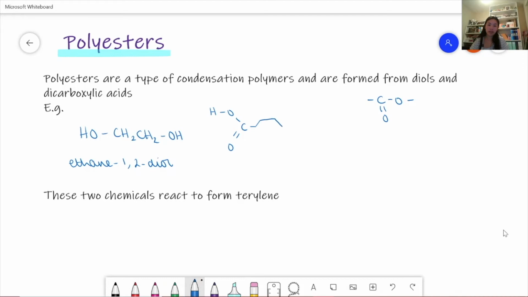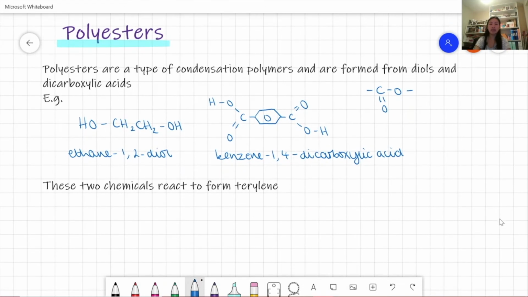And then we have a benzene, carbon double bond O, and then OH. So this is benzene 1,4-dicarboxylic acid. These two chemicals actually react to form terylene, which is a polyester.